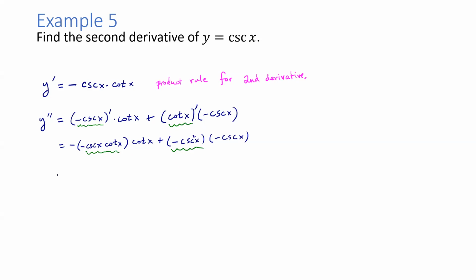And then just a tiny bit of simplifying. I think this one looks a little bit nicer if we multiply some of these things together. Cosecant and then cotangent, cotangent. So I'll write cosecant times cotangent squared. And then here we've got cosecant times cosecant squared, so cosecant cubed.